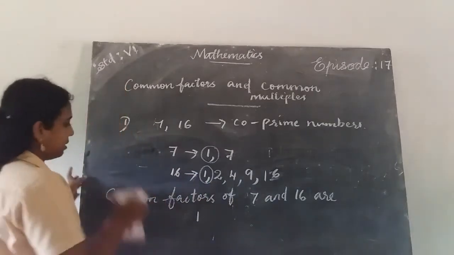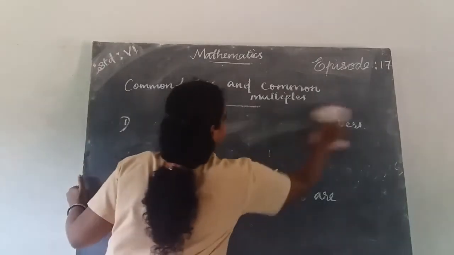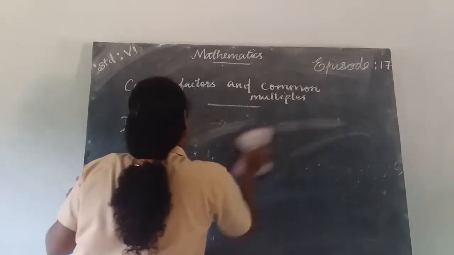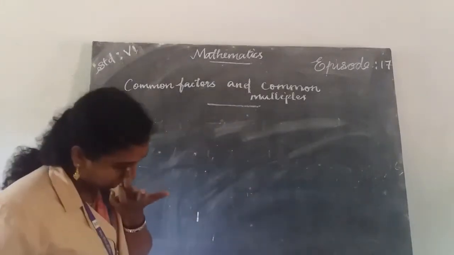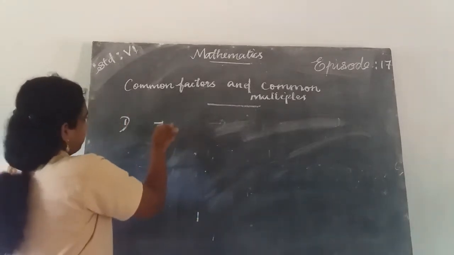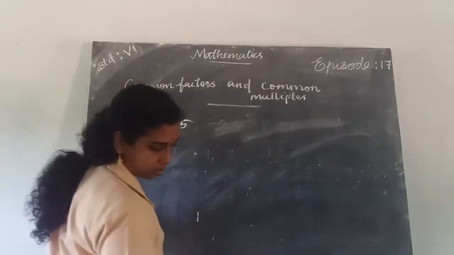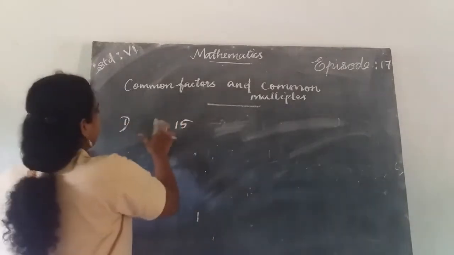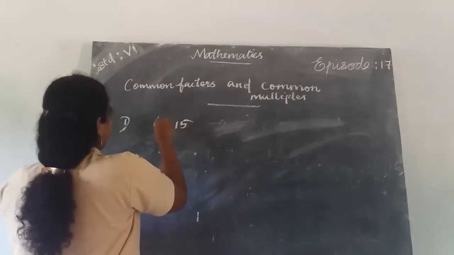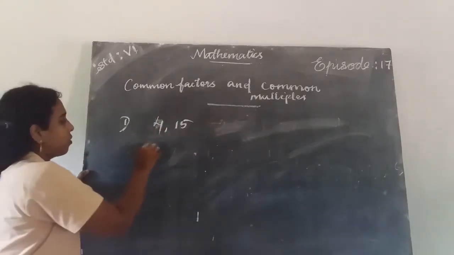Okay. So see another example: 4 and 15. Here, first we find the factors of 4.